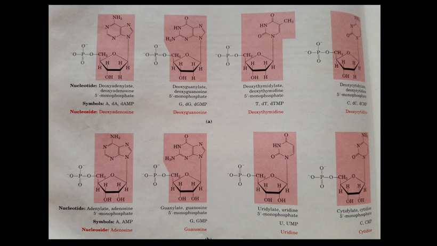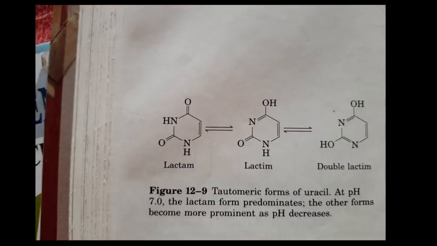Free pyrimidine and purine bases may exist in two or more tautomeric forms.